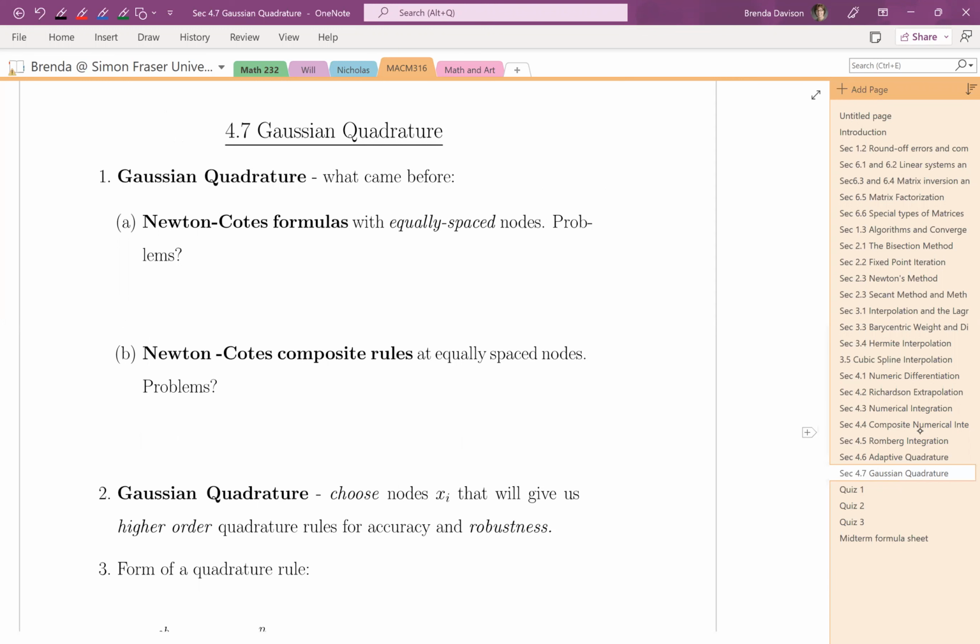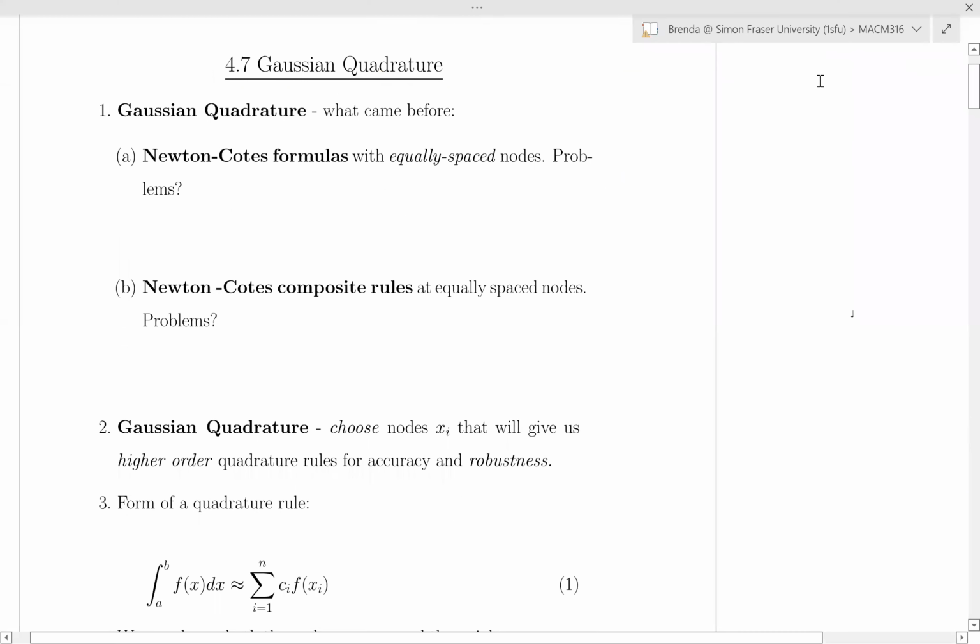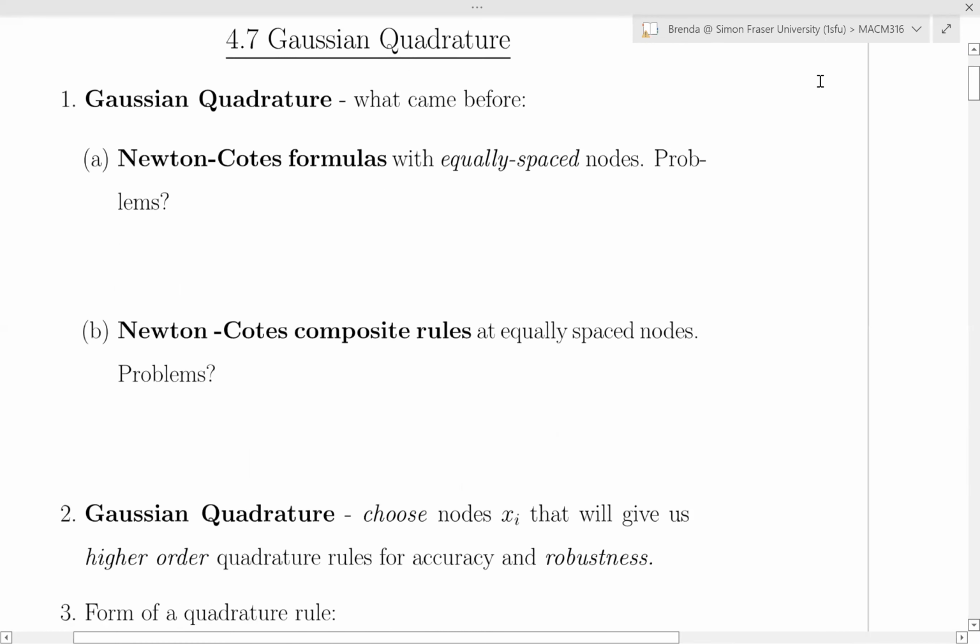So here's the first one we're going to see: this is Gaussian quadrature. Okay, let us just review where we're at. So we have seen the Newton-Cotes formula.